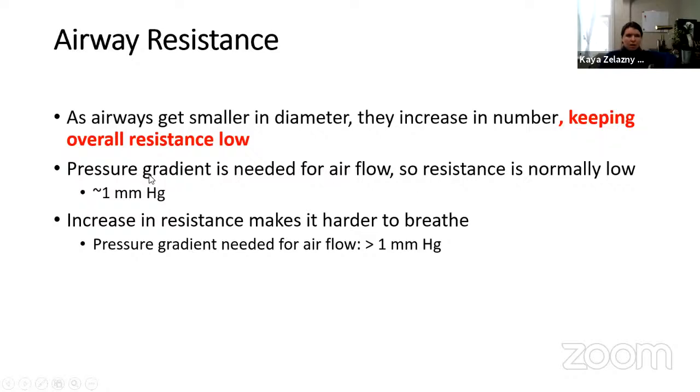We do need a pressure gradient for air to flow through the lungs, and the resistance is usually kept low so that pressure gradient doesn't have to be too great. If we have increases in resistance, it's going to make it harder to breathe. So we're going to take a look at some ways we can change that resistance and some things that might increase it.